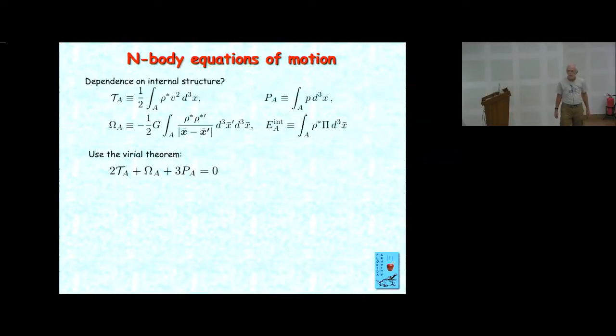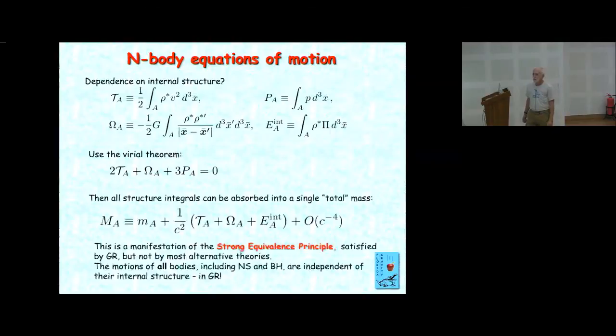And when you do that, a miracle occurs, and everything cancels. All these terms cancel because of this relationship, except for a few. But those terms that don't cancel always occur in expressions where you can take the original mass that we had for the body, the integral over rho star, combine it with this plus this plus this, and that combination occurs in every term at post-Newtonian order.